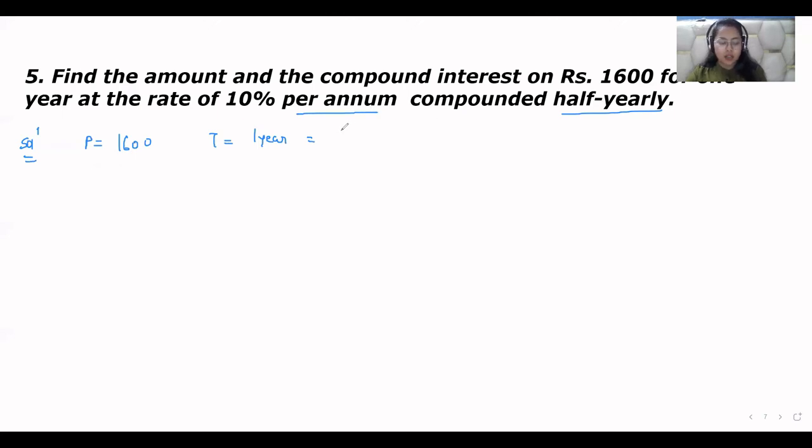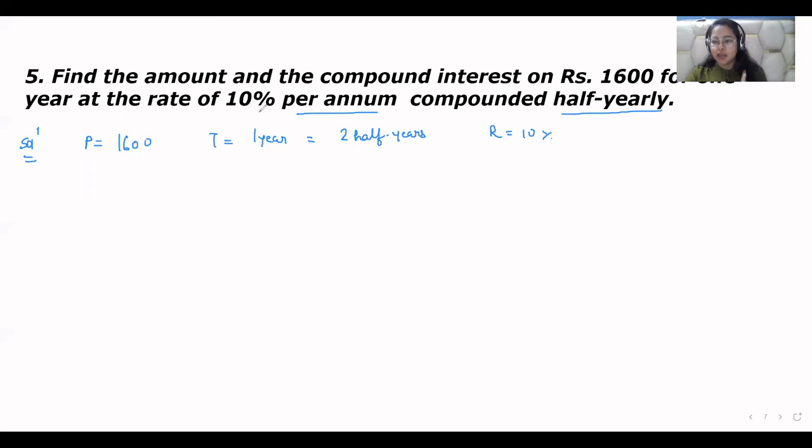So how can we say that? 2 half years, right? So we'll divide 1 as 2 halves. Okay, so 2 half years and rate is 10%. If you divide the time, your rate will also divide. So if you divide the 1 year in 2 parts, your rate of interest is also divided in 2 parts.